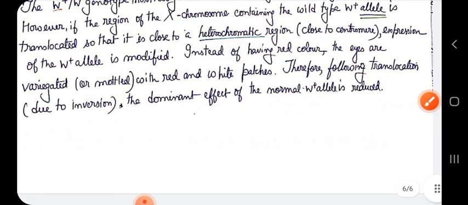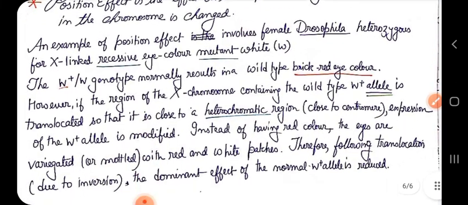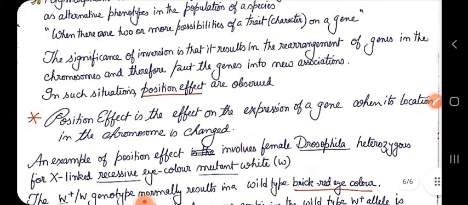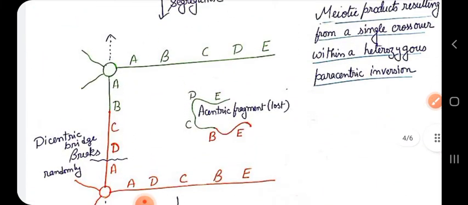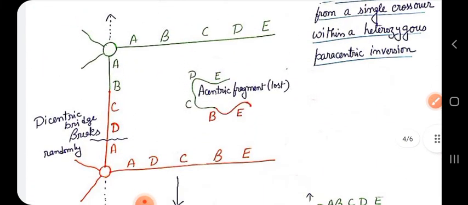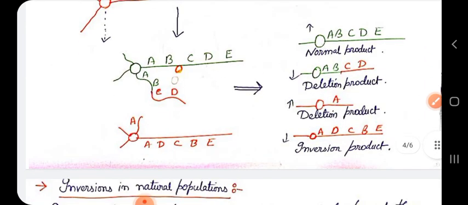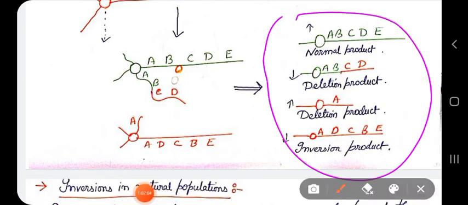So, this was all about inversion, and we have also seen that in most cases we have paracentric inversion, where the inverted segment does not involve the centromere, and this leads to bridge formation, which eventually leads to products of which half are sterile and half are functional.